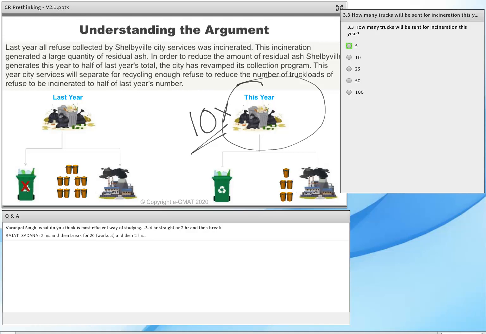If I collect 10 times as much garbage as I did last year, how many trucks do you think, as per the argument, I'm going to send?